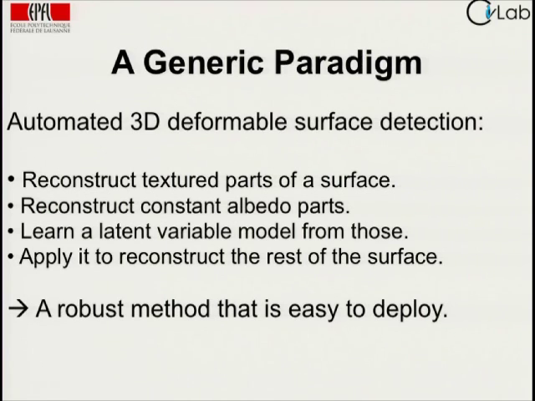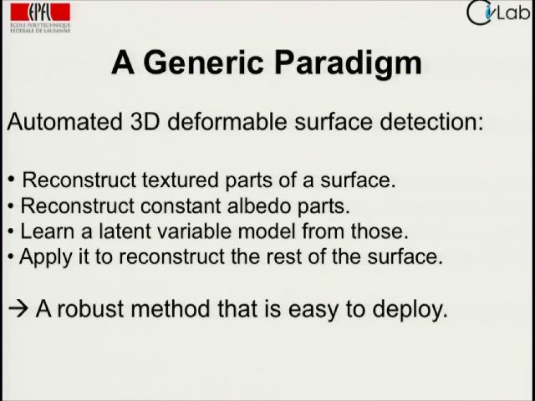Okay, so to conclude, the direction we are going in slowly, but hopefully in the right direction, is essentially a generic paradigm where, with a simple webcam, you can reconstruct the textured part of the surface using correspondences.